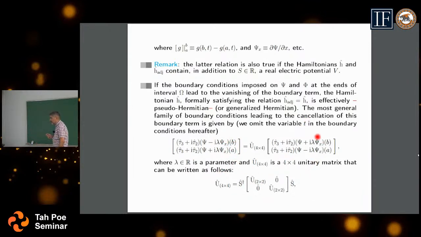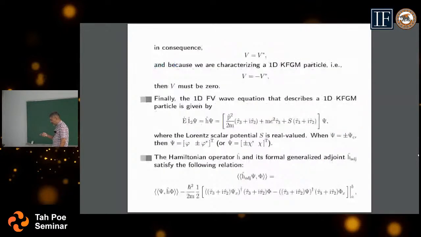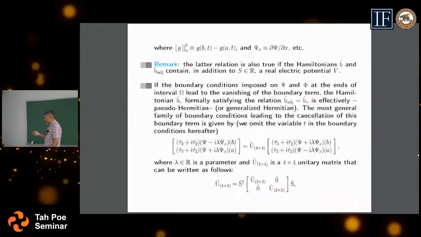But you can prove this with a super general boundary condition that makes the term written before vanish in the most general way. If you want this term to vanish, you need to use this big boundary condition.